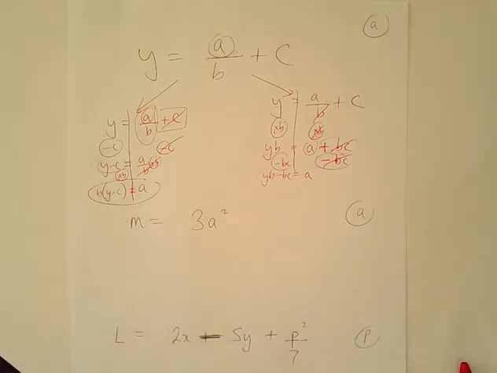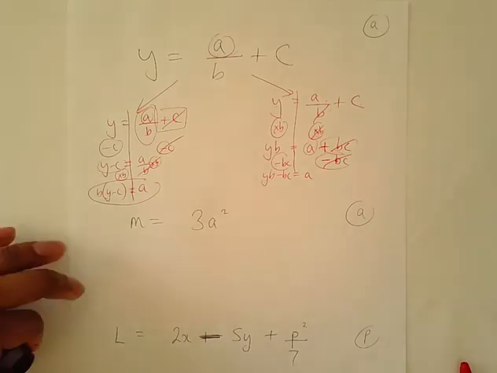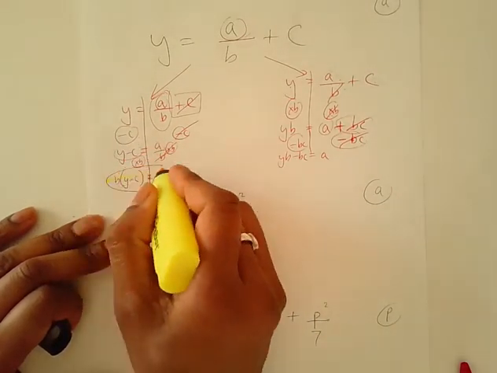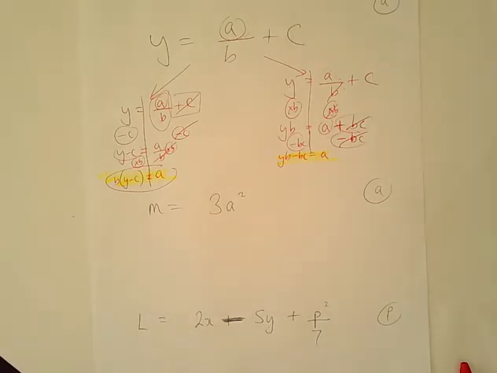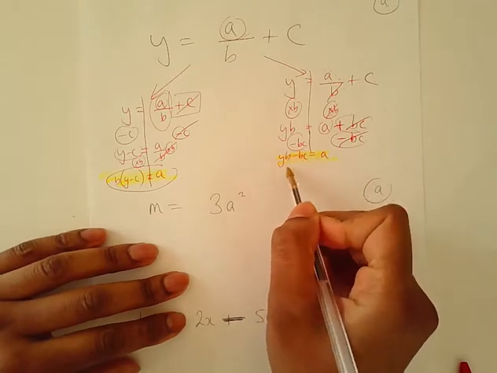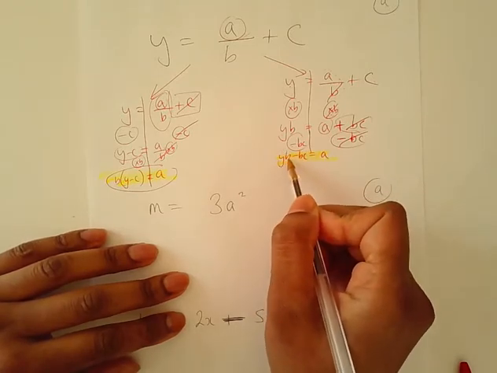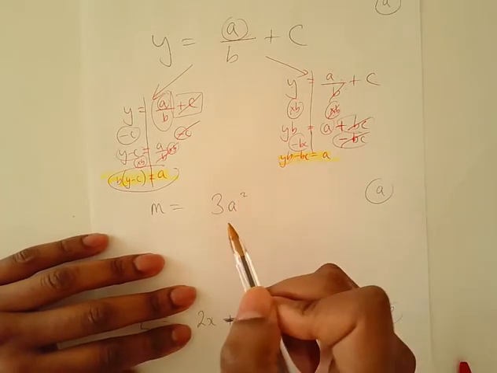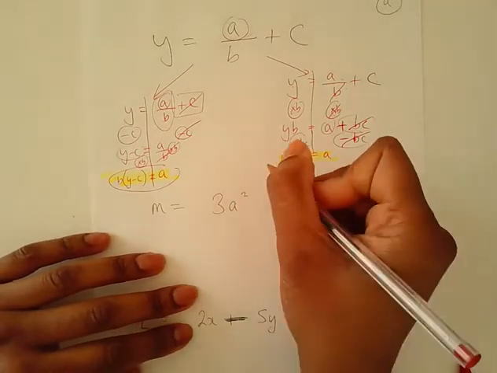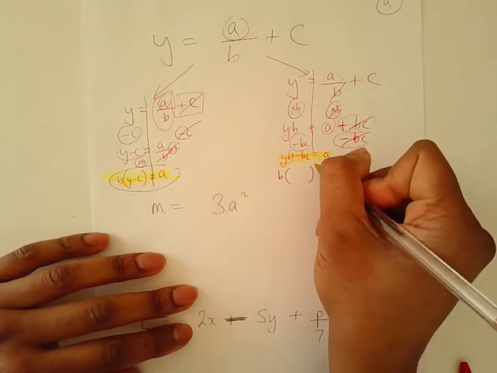Then you might say, how is it that this answer here is actually different from this? They look different. Well, they're not too different, because if I was to factorize this, what letter do this bit here and this bit here have in common? It's a B. So put that on the outside of the bracket.